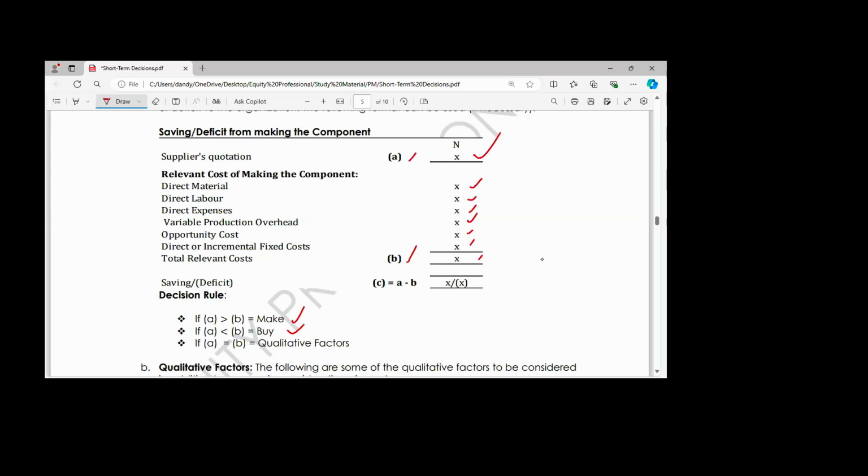Number one, I said the company will need to confirm whether there is the requisite in-house technical know-how or expertise to produce the component. Then number two, the company will need to confirm if they are permitted by law to produce the component.